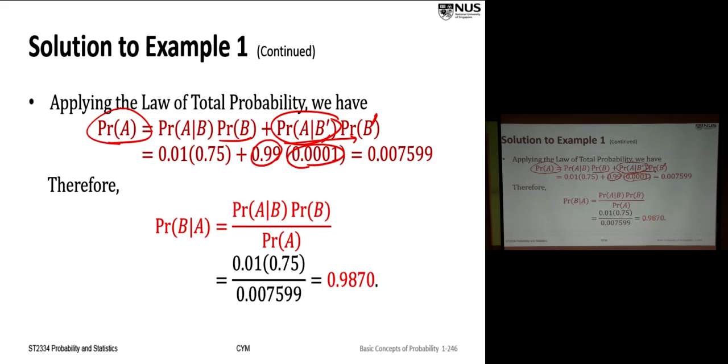So now we know that it has collapsed, and what's the chance that the design is faulty? We apply Bayes' theorem, or conditional probability, because we have already worked out the probability of A, which is about 0.0075. So the answer is 0.987. What does it mean?